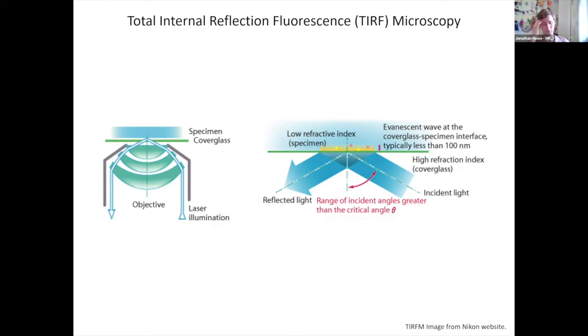And this is really helpful because what it ensures is that only molecules close to the coverslip are excited. And anything deeper in the cell doesn't ever see the excitation light and therefore doesn't contribute to the fluorescent background, which, as we've already discussed, is important when you want to localize molecules.